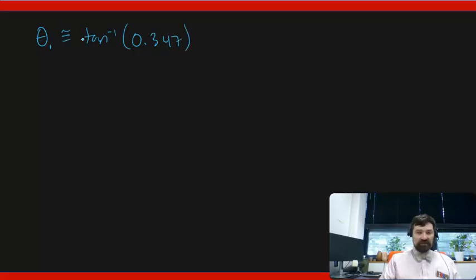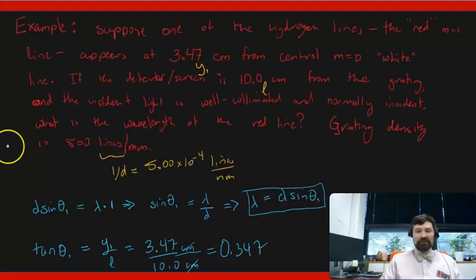If your calculator is in degree mode, you'll end up getting 19.161699. So let's call that 19.2 degrees.